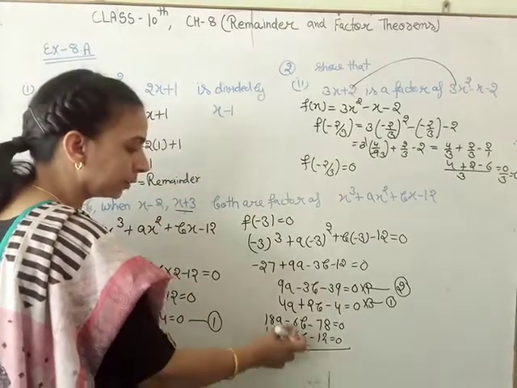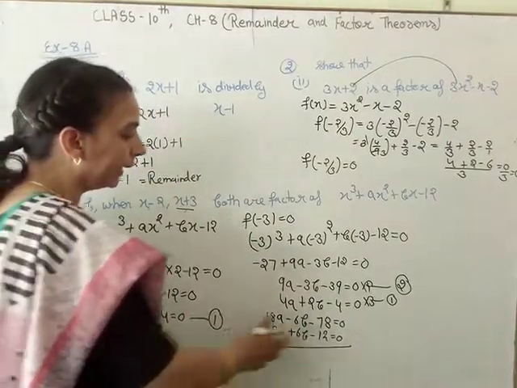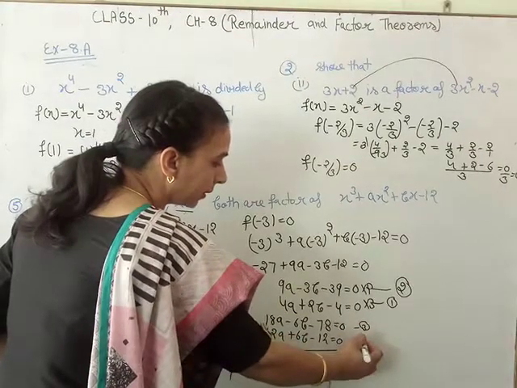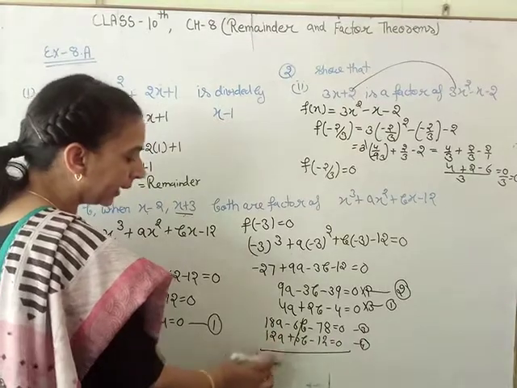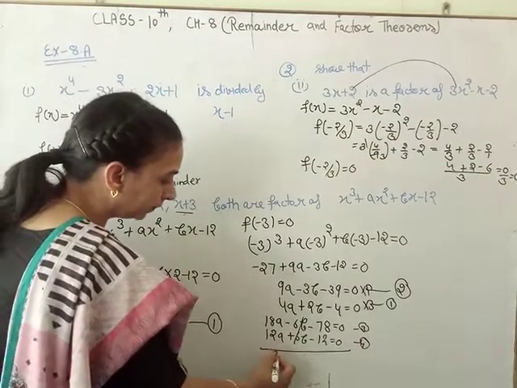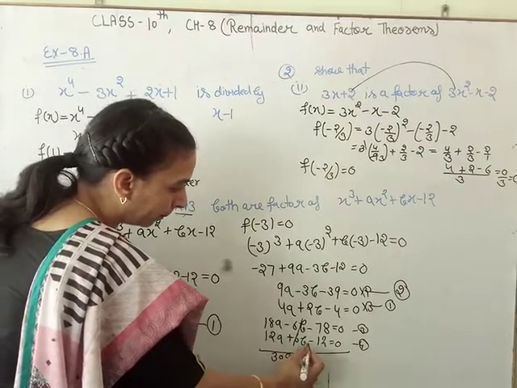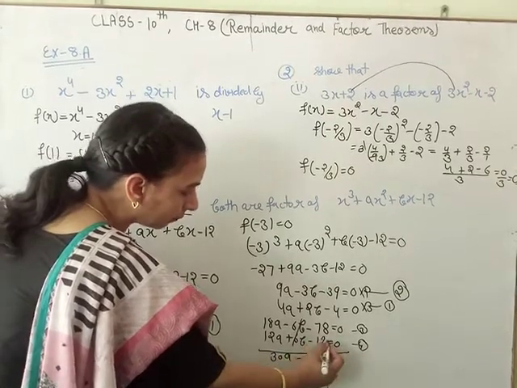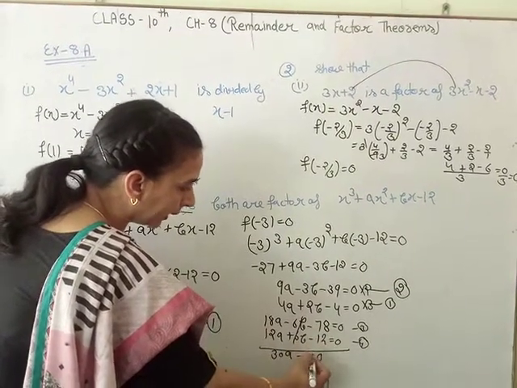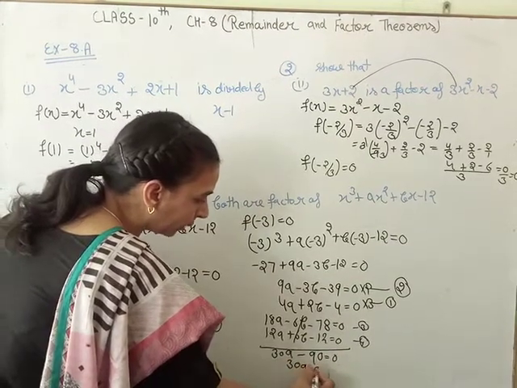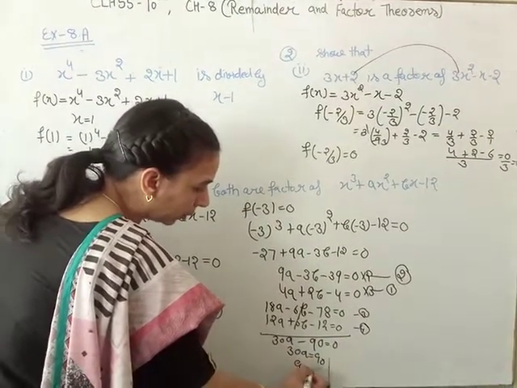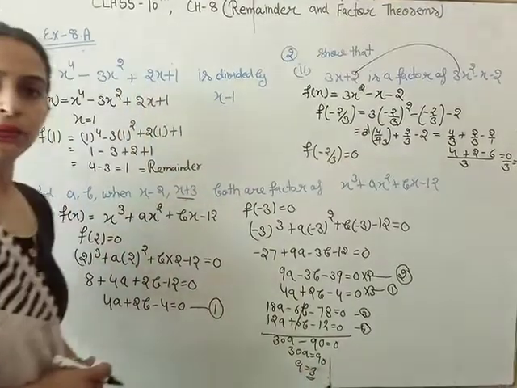Again these both are the opposite signs, so we add equation number third and equation number 4. If we add, then this cancels, 12 and 18 then equal to 30a minus 9 equal to 0, and 30a equal to 90, a equal to 3. Value of a equal to 3.